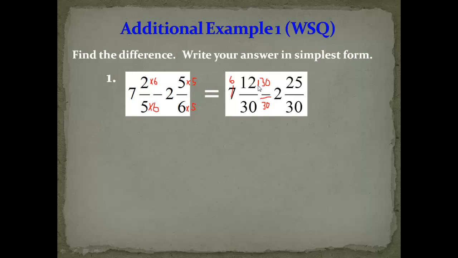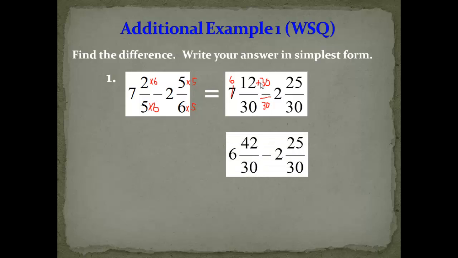We're going to add 12/30 plus 30/30, and that is going to give us 42/30. So now we have 6 42/30 minus 2 25/30.